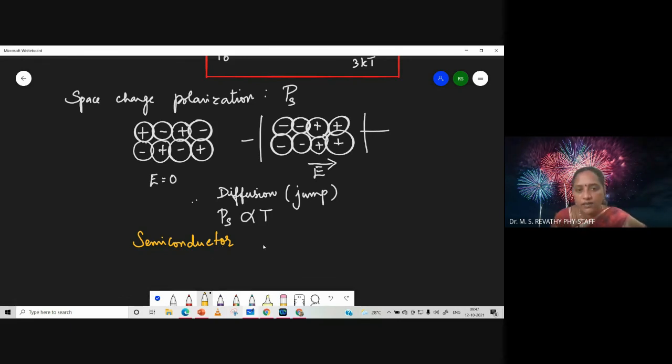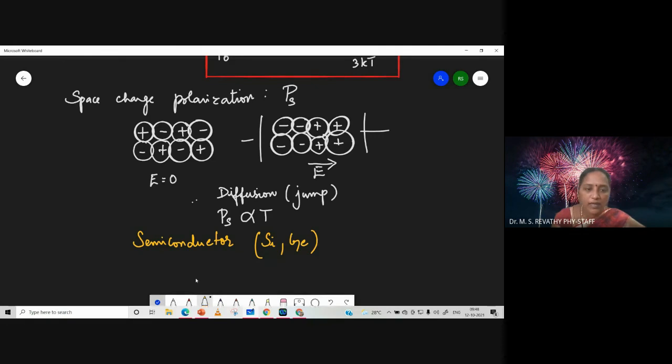Electrons start to conduct, so conductivity is shown in a semiconductor when the temperature is increased, in silicon and germanium, which are intrinsic semiconductors. We will study the details of these semiconductors in Unit 3. That's it. We have completed polarization.